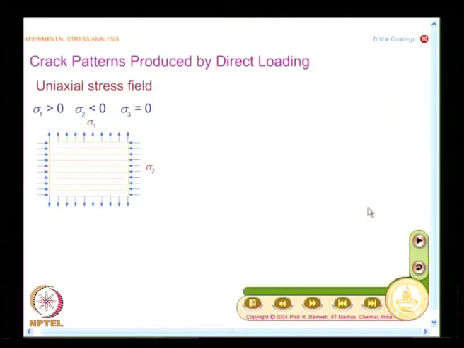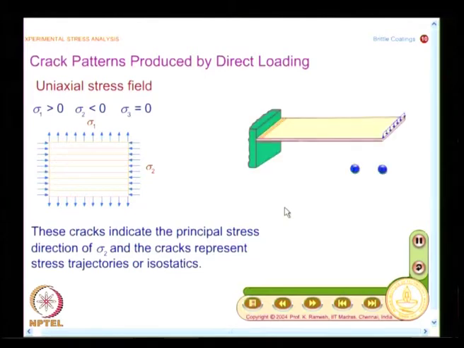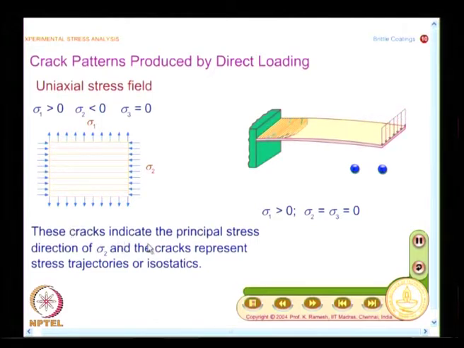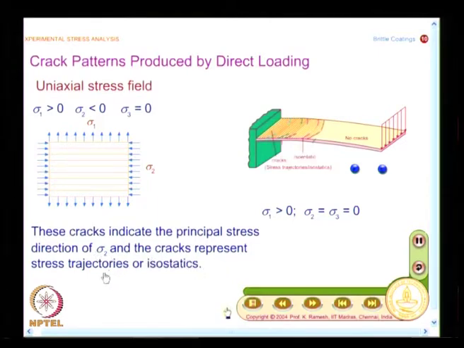And you have already seen an example of a cantilever beam. So, by looking at the cracks, what do you get? These cracks indicate the principal stress direction of sigma 2, and the cracks represent stress trajectories or isostatics.